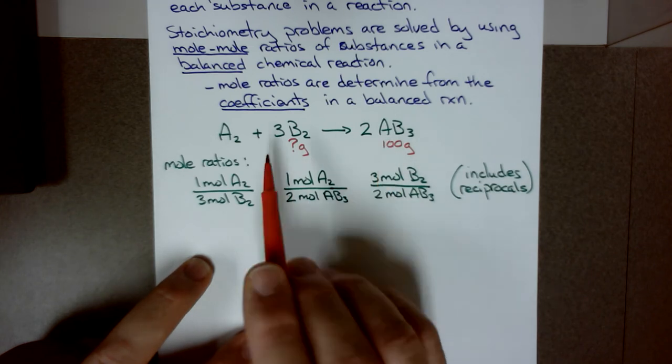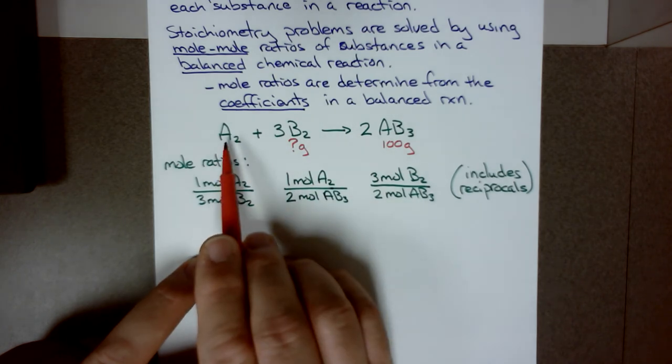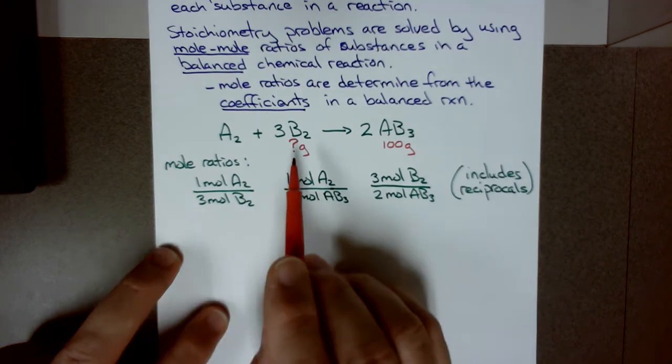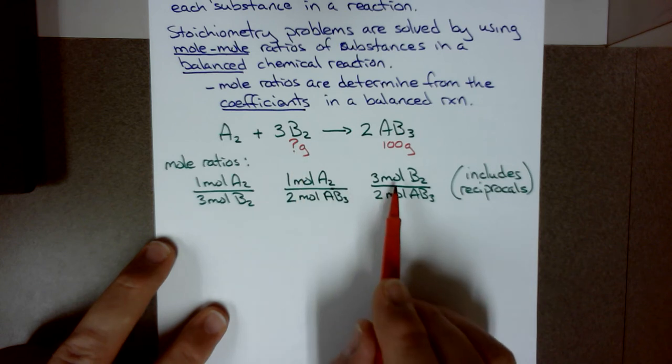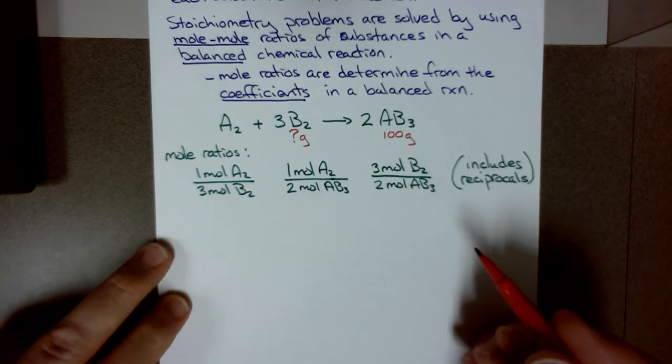In this case, I know I'm looking at a 3:2 ratio. I don't have to worry about the A2 because that's not part of what I'm looking for. So I'm going to use one of these conversion factors, this one or either the reciprocal. So let's go through the problem and look how we would work that.